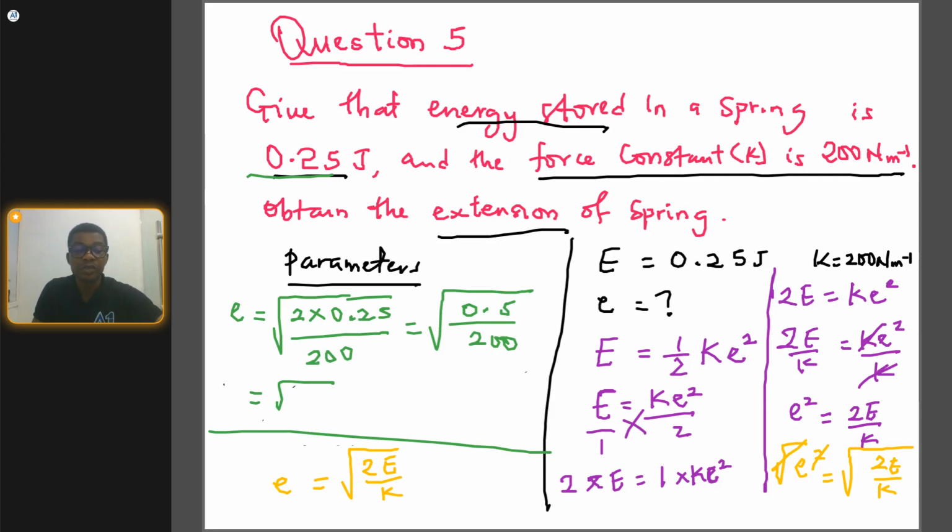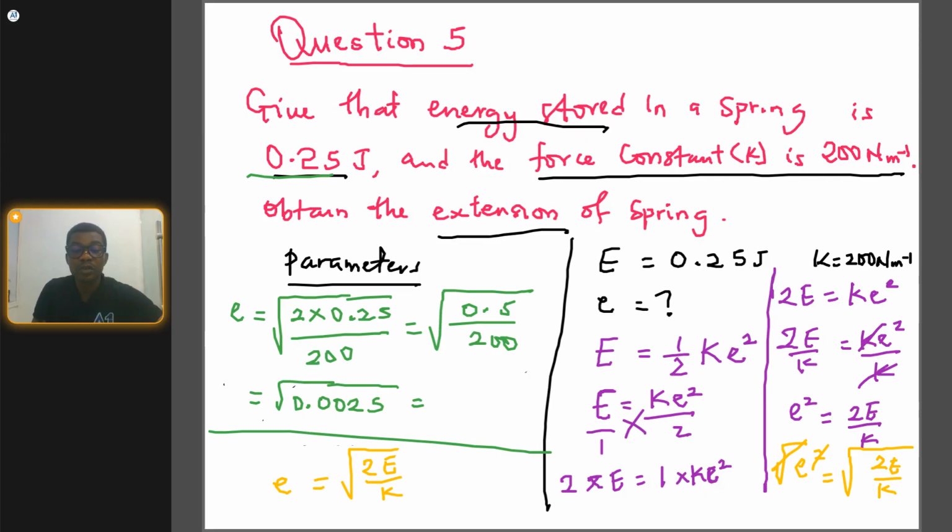That is going to give us 1 over 400, which is also 0.0025. And we have to find the square root of this value, which will serve as the answer.